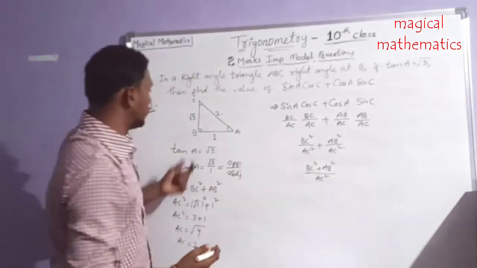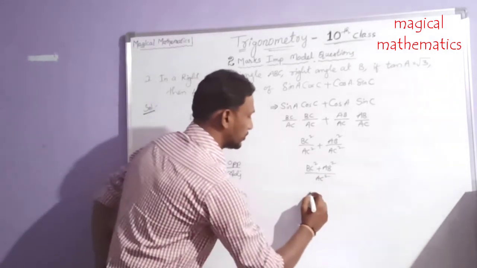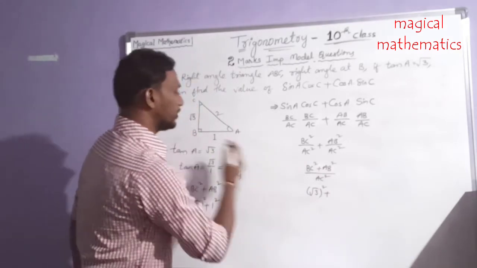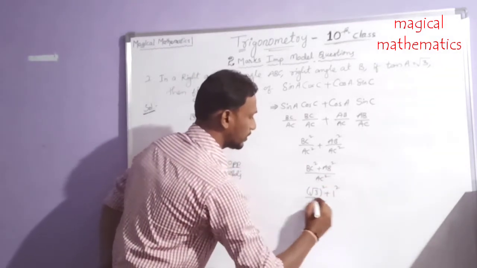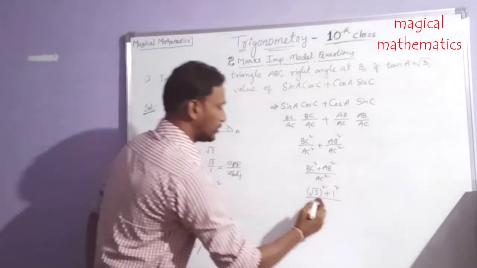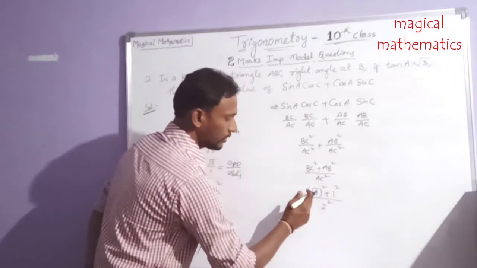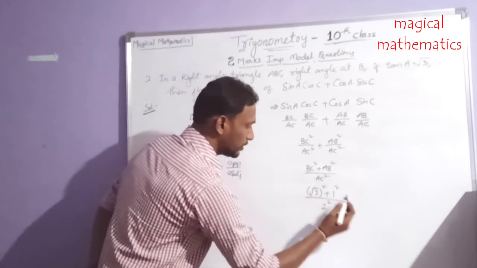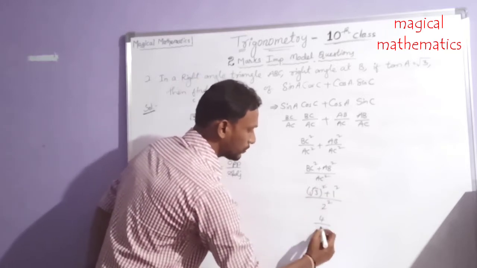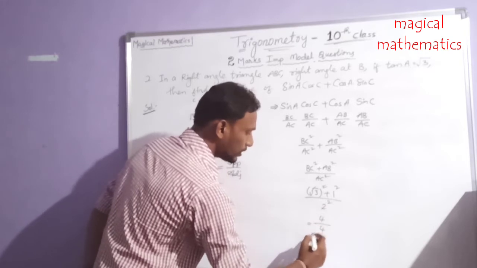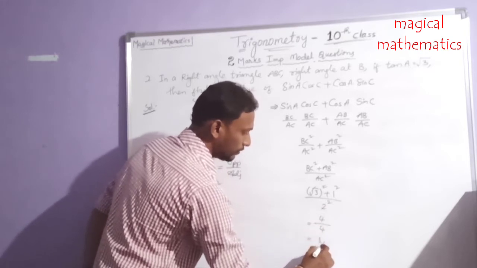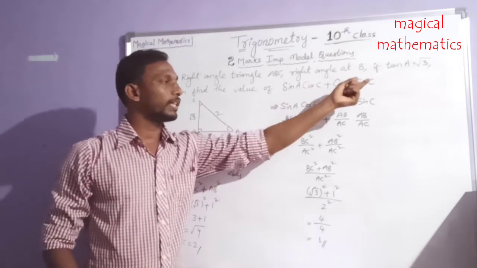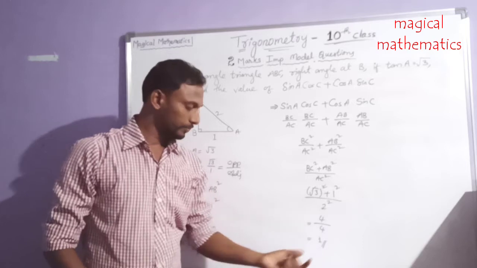BC is root 3, so root 3 whole square plus AB is 1, so 1 square, by AC value is 2, so 2 square. Square root and square cancel: 3, 1 square means 1, so 3 plus 1 is 4, and 2 square means again 4. So 4 by 4 is nothing but 1. So the value of sin A into cos C plus cos A into sin C is 1.